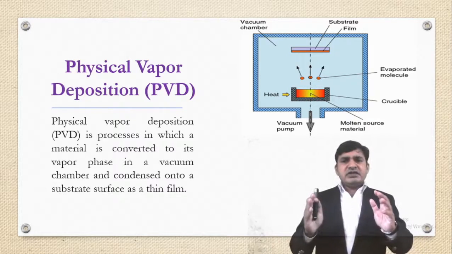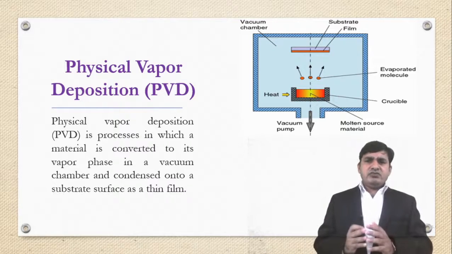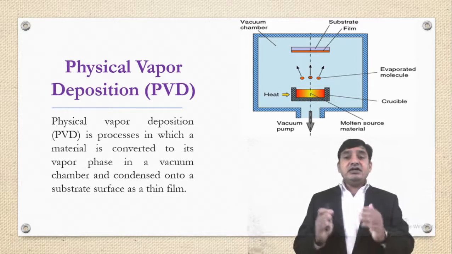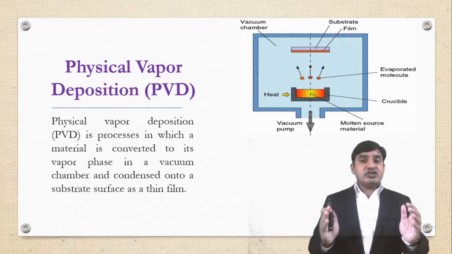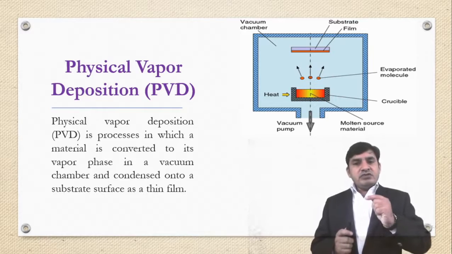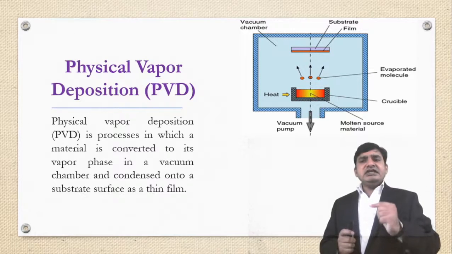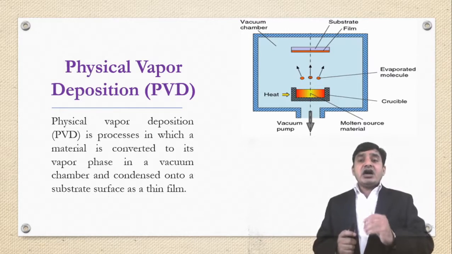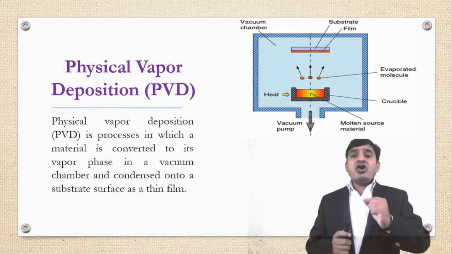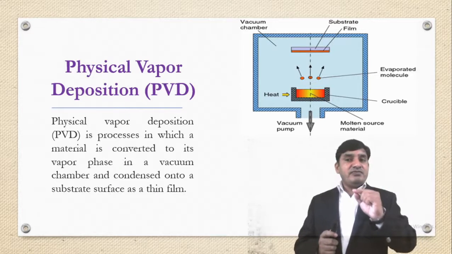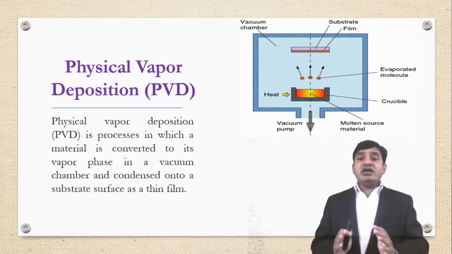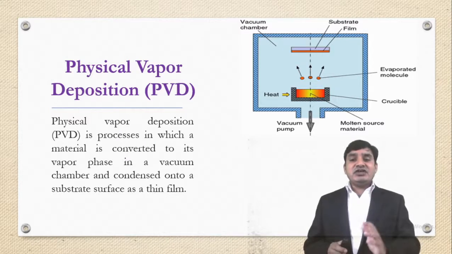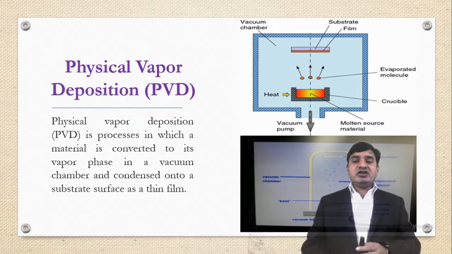So this is the pressure of the vacuum inside the vacuum chamber. Now the material is heated, it is evaporated, and the evaporated molecules are condensed onto the substrate so that we get a thin film. So it is a very simple method, the physical vapor deposition technique.